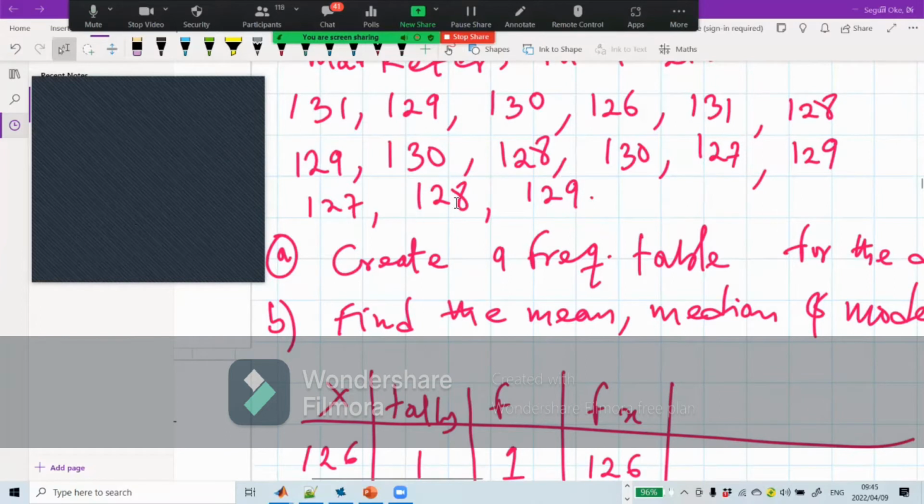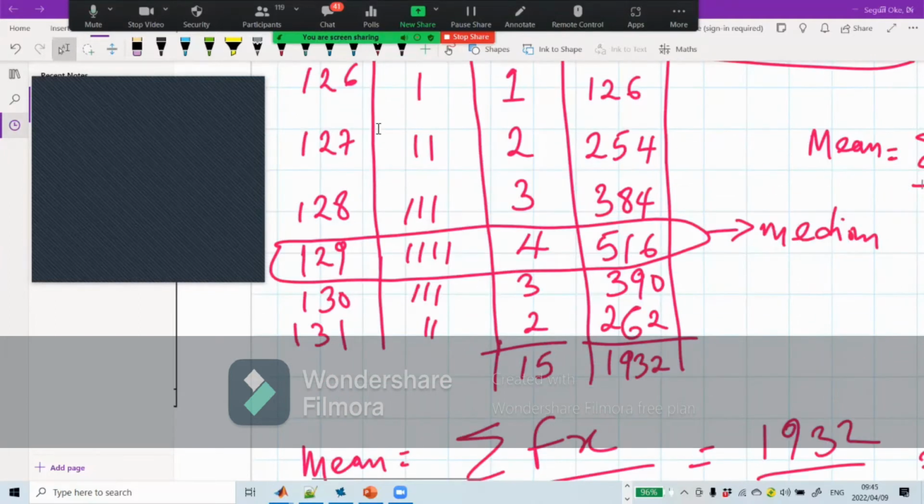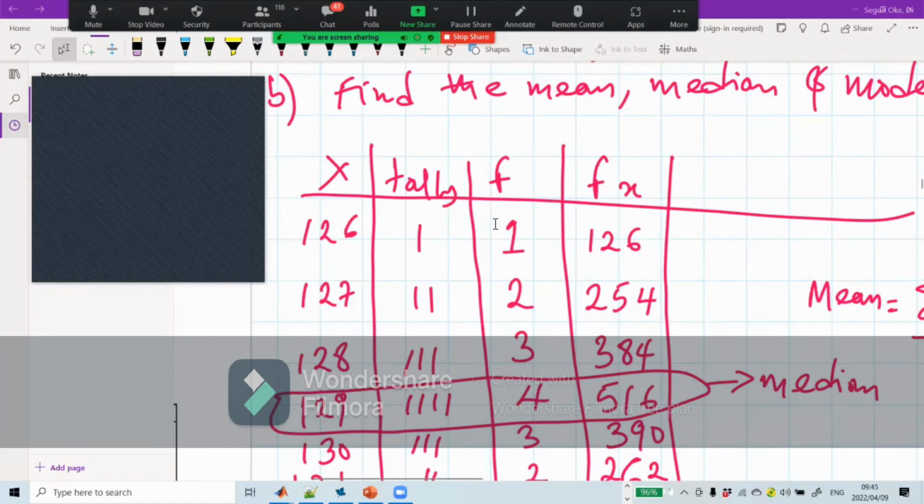When you divide 15 by 2, what do you have? 7.5, and approximated to the whole number, 8. Now we come to the frequency, add everything together, where does 8 fall into? 129. You get it now? Yes, sir. Okay, thank you.